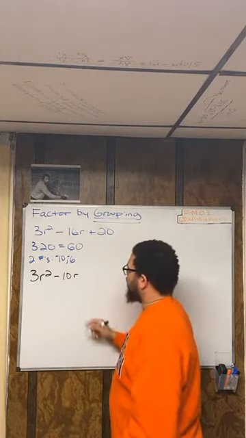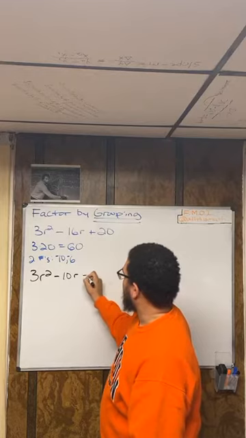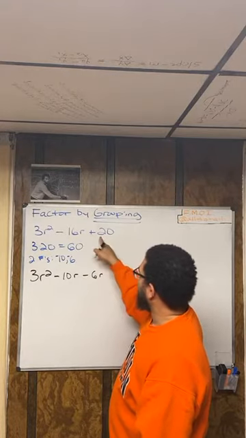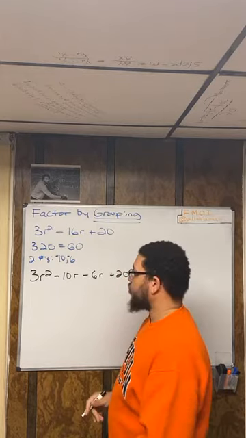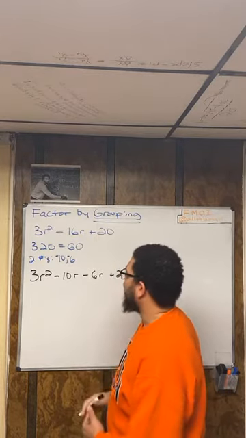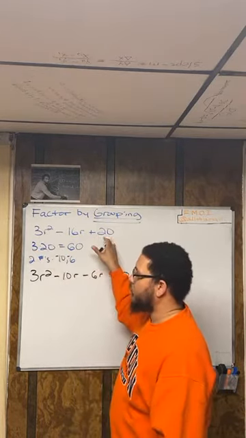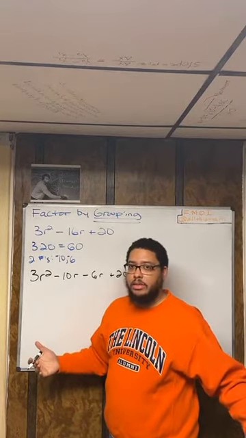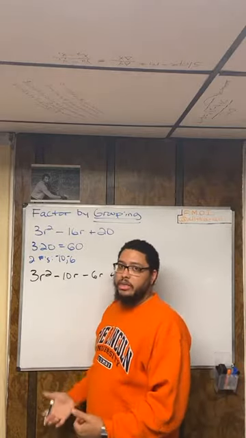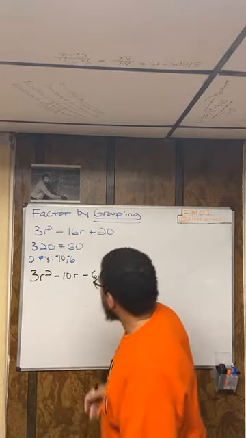The other part is going to be negative 6r. And then this 20 stays the same. So like I told you from the beginning, when I factor by grouping, I want to stretch this trinomial out into a 4-term polynomial. And that's what I did, right? So I ain't lie to you. I told you that's what I was trying to do, and that's what I did.